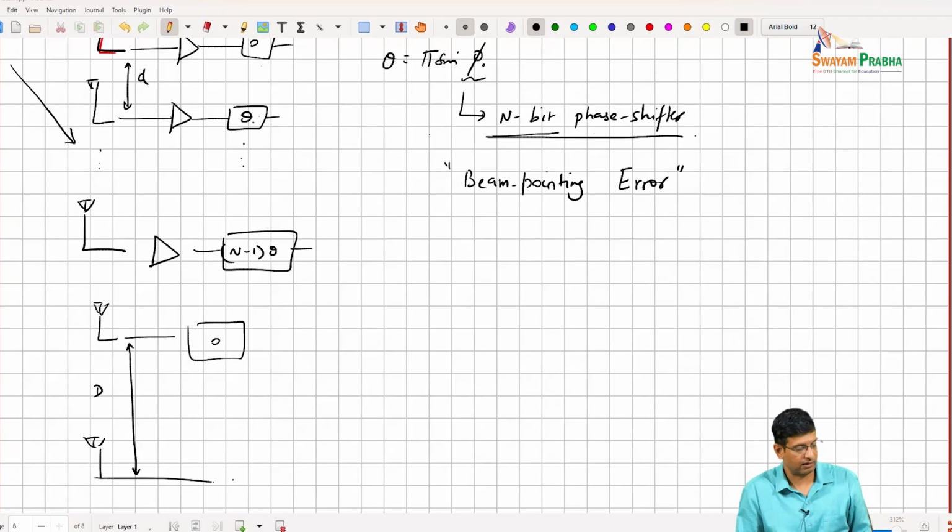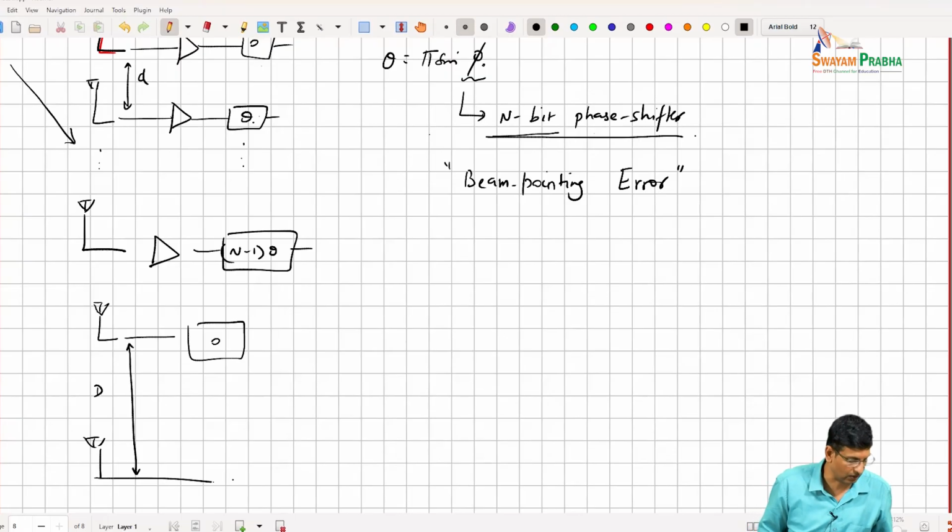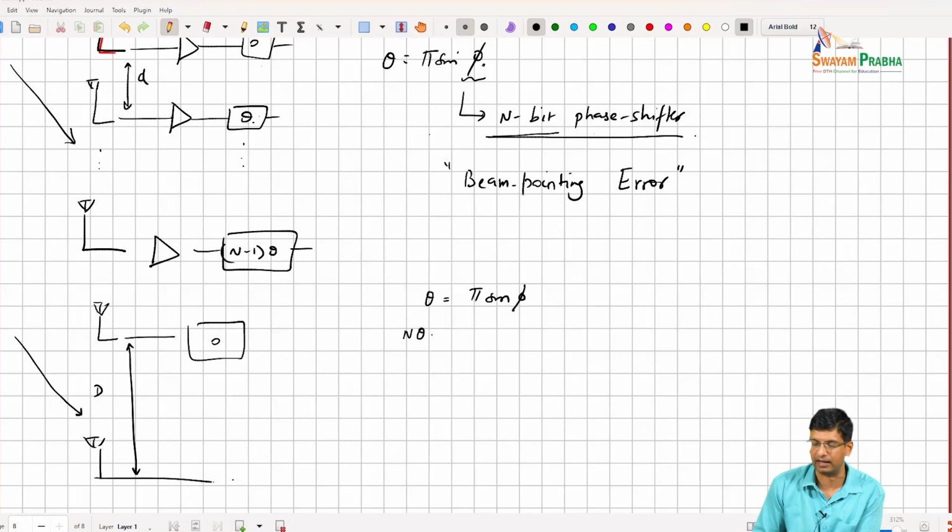And given this scenario, in order to receive from a particular angle, I have theta equal to pi sine phi, or in this particular case, I need a phase shift of n times theta, right?